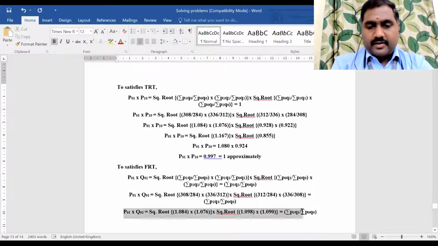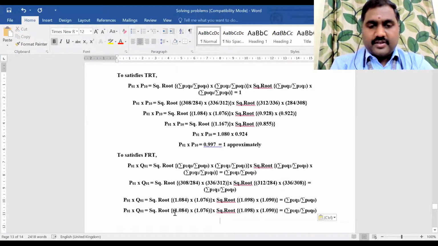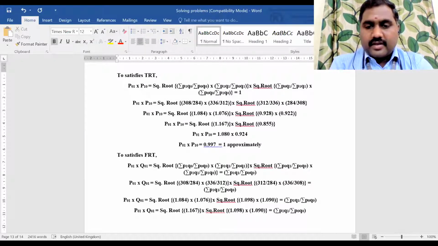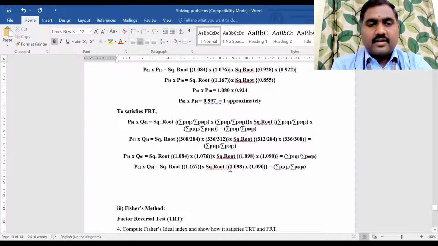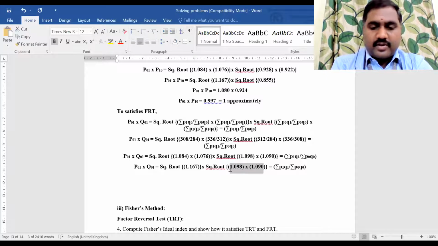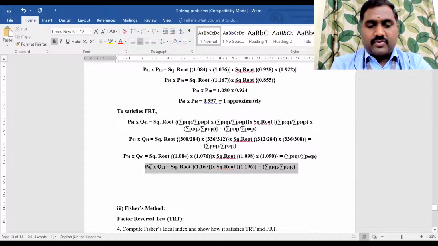Now I'll copy this and paste it here. So we get this value, right? 1.084 times 1.076 will be 1.167. And what is the value of 1.098 into 1.090? 1.196.